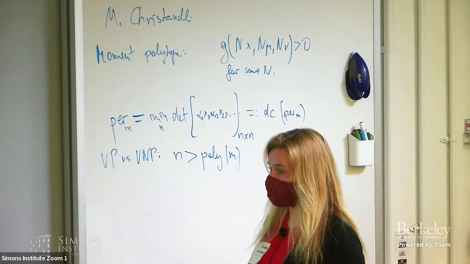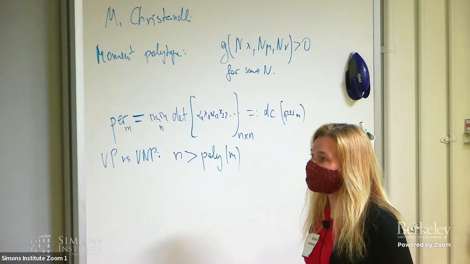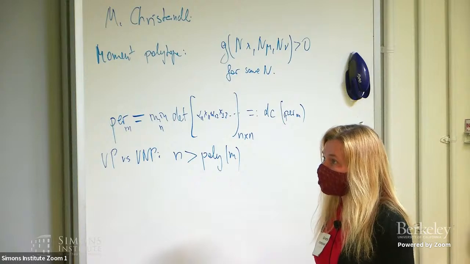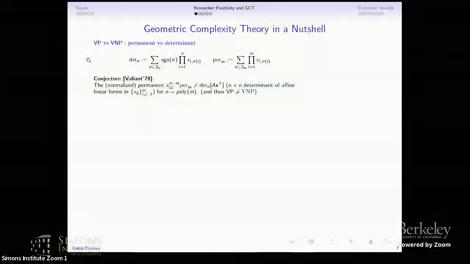Okay, so what is the geometric complexity theory here? Well, these particular polynomials, the determinant and the permanent, exhibit symmetries. As you can see in these expressions and the coordinates, we can permute the rows and the columns.